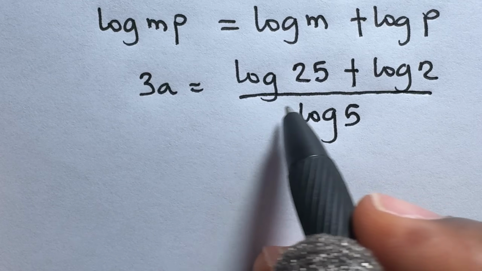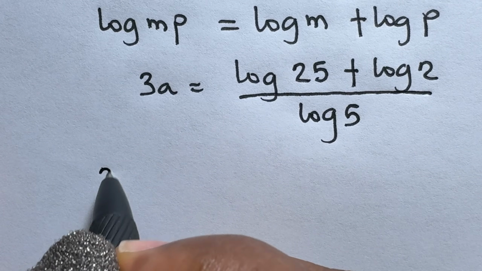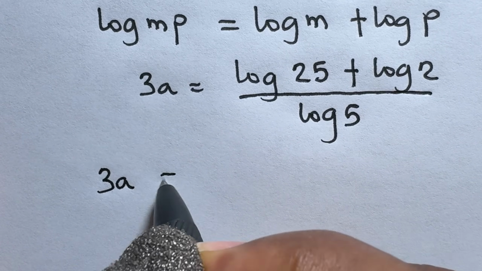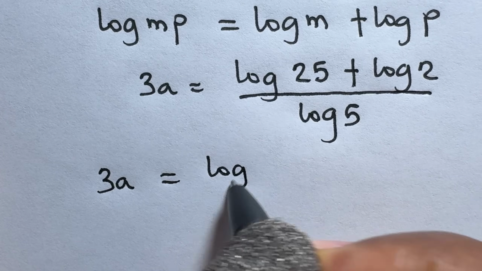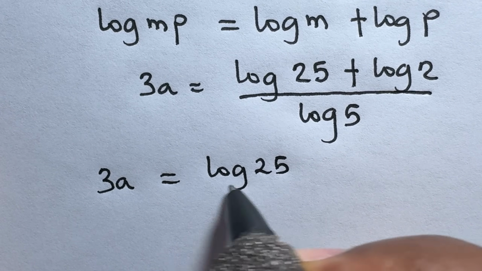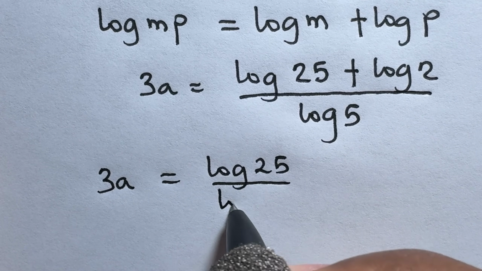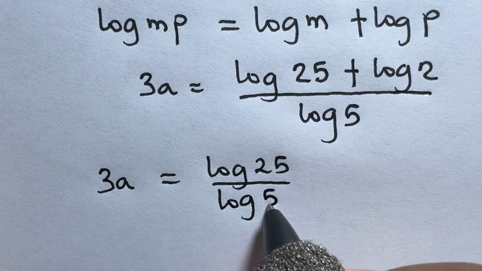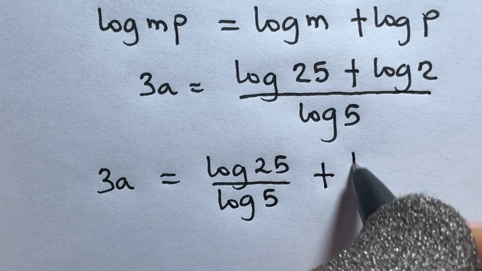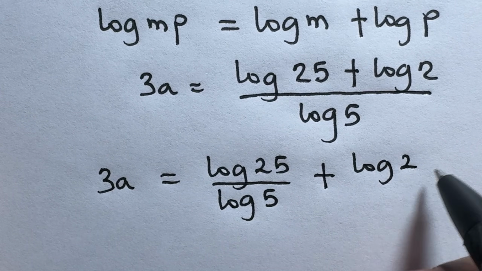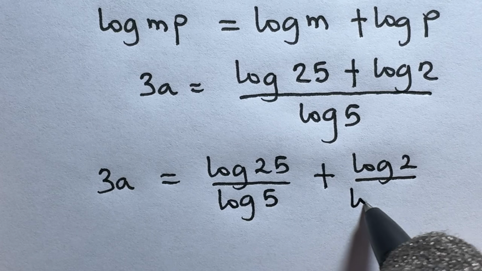I'm going to separate this division so that 3a is now equal to log 25 divided by log 5 plus log 2 divided by log 5.